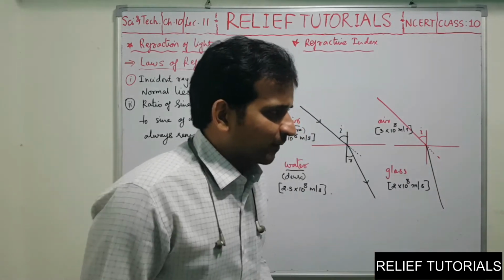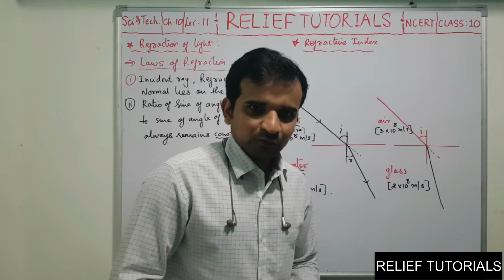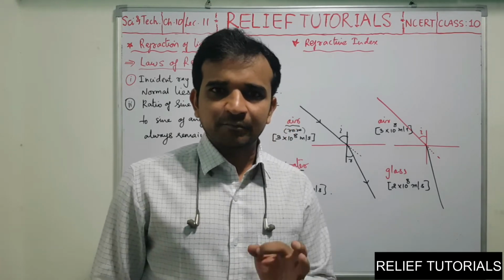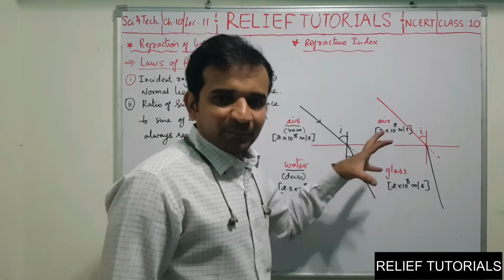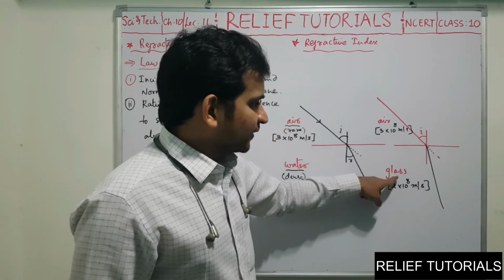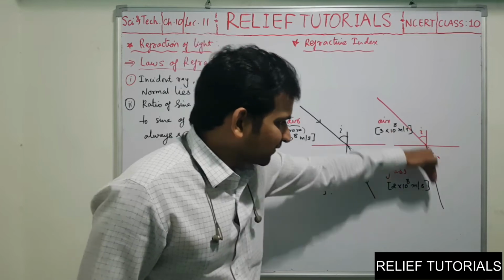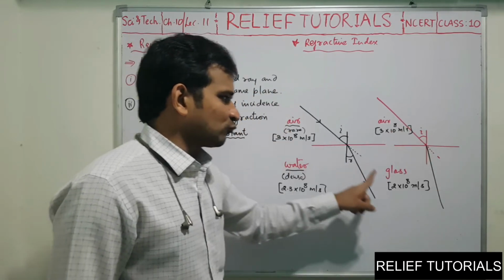So in this way, each and every medium has its own tendency, its own capacity to deviate the ray. Here glass is deviating the light ray more compared to water.